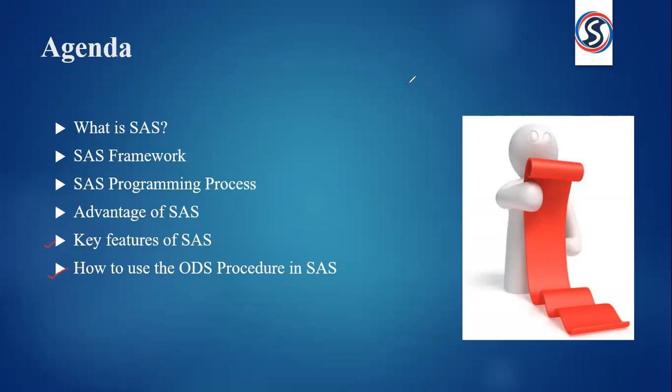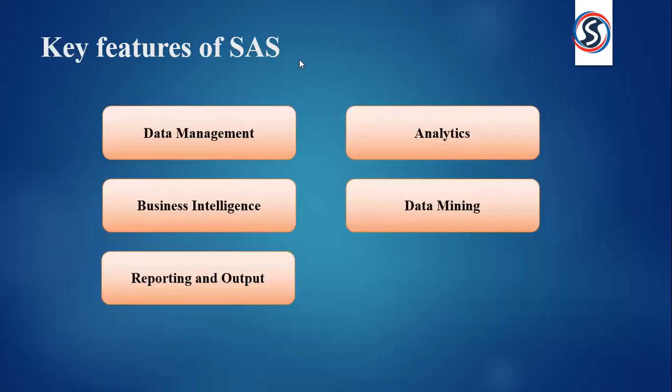What are the key features of SAS? These are the key features: data management, analytics, business intelligence, data mining, and reporting and output. The first key feature is data management.